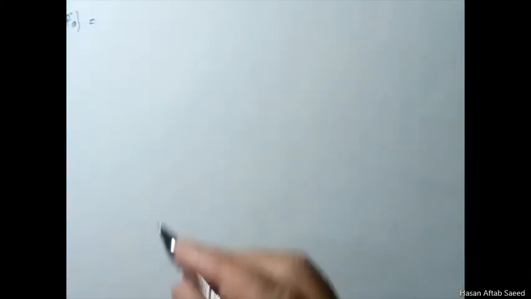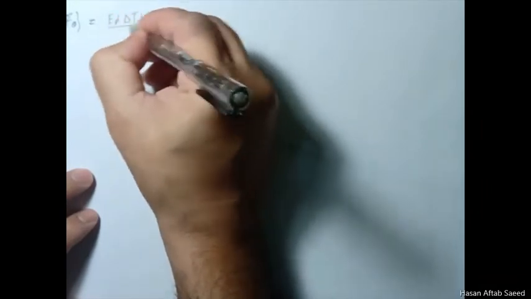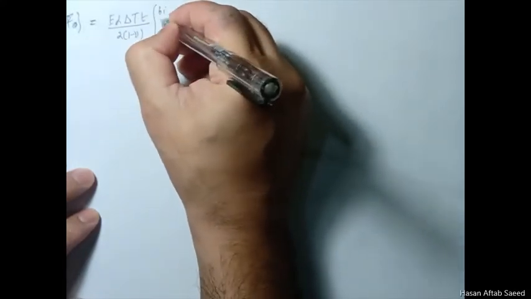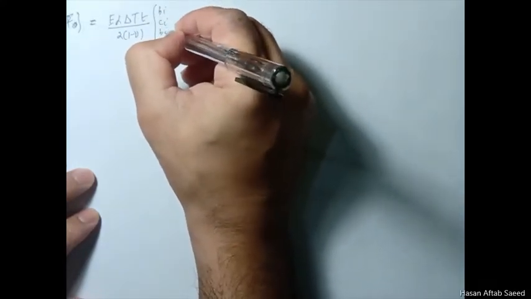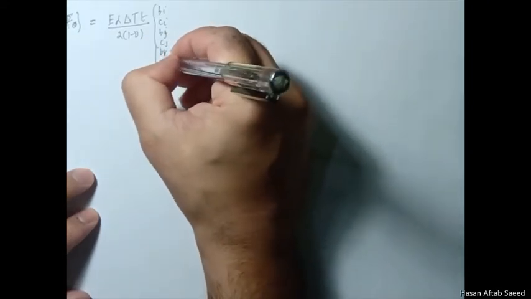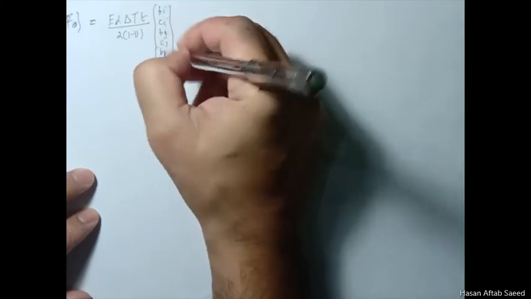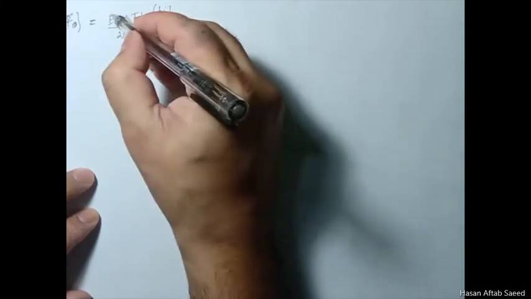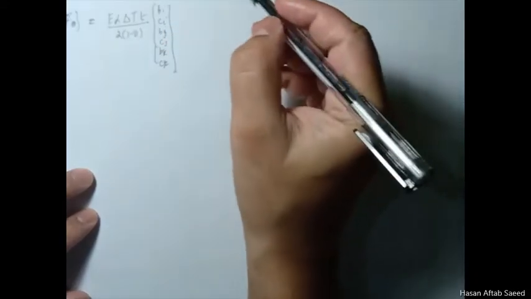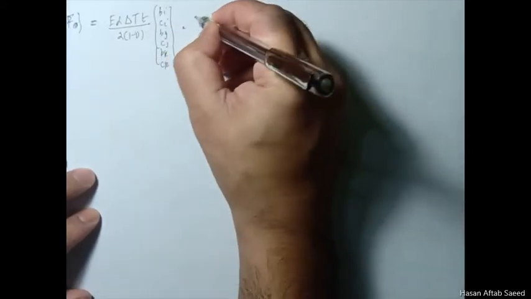The force vector because of temperature was E alpha delta T t over 2 minus nu, times bi ci bj cj bk ck. Now these we are already familiar with. E we know, alpha is given to us, delta T is given, so everything is given here. There's no problem at all.